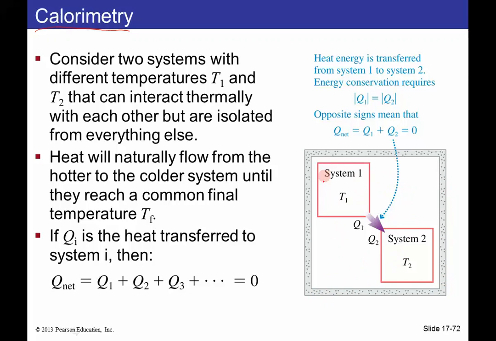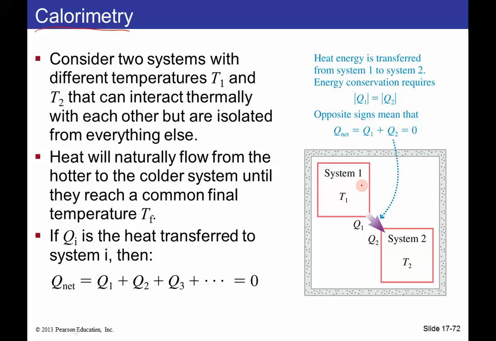So let's assume system 1 is at temperature T1, system 2 is at temperature T2, and we can assume that T1 is greater than T2, just for the sake of argument. Then we know there's going to be some heat moving from T1 to T2. The amount of heat that moves from T1 to T2 is the heat that T2 receives.